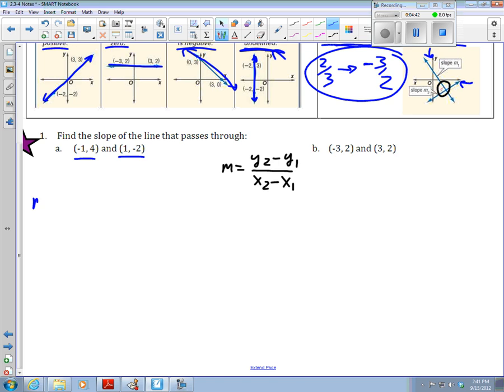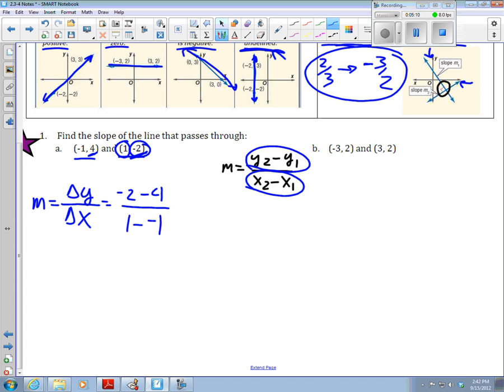And I usually write it like this: m equals change in y, it's just this right here, over change in x, which is just subtracting the x values. So first of all, on top of the y values, I have -2 and 4, so I'm going to say -2 minus 4 all over. Now we started with the -2 for the y, so we've got to start with the 1, the x value of this coordinate, for the x. 1 minus -1. Just got to be careful with your negatives.